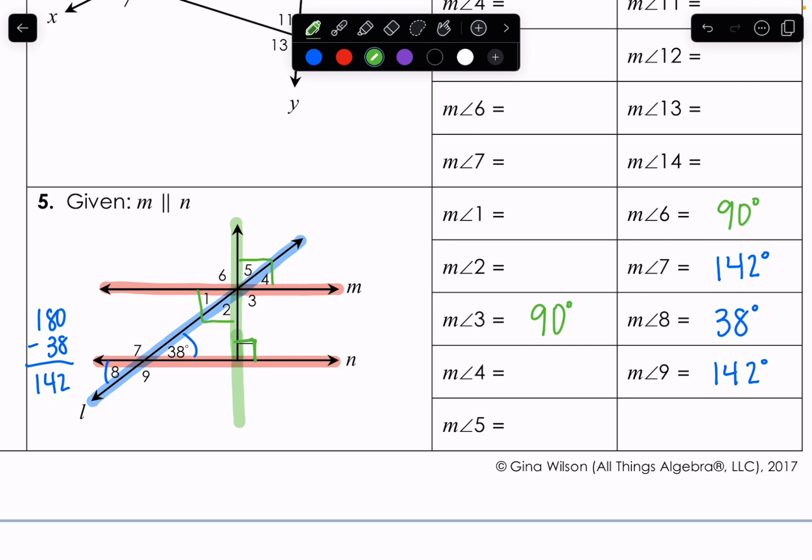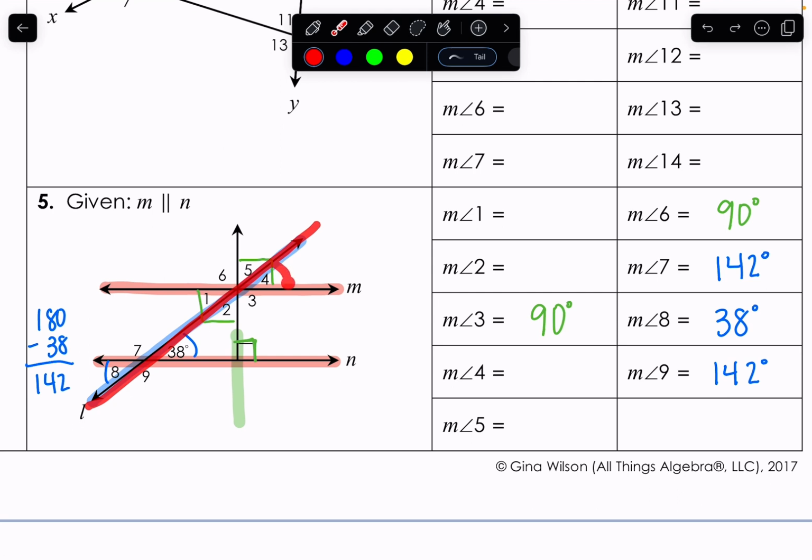Okay, so if I look at my blue transversal line here with my line M, my parallel line, on the top right of it we have angle 4. Top right here, we have 38 degrees. So remember, what's the angle relationship between those? They're in the same position on the parallel lines in relation to the transversal.